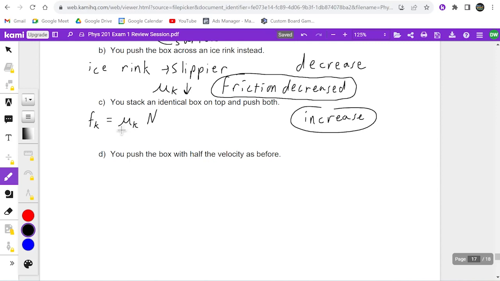Mu k didn't change because obviously it's still the same surface, but the normal force got bigger. Let me explain. If I have mass here and a mass here, the weight had to increase, weight, Earth on box, which means the normal force also must have increased, ground on box. And because the normal force increased, that means that the whole thing's going to increase.